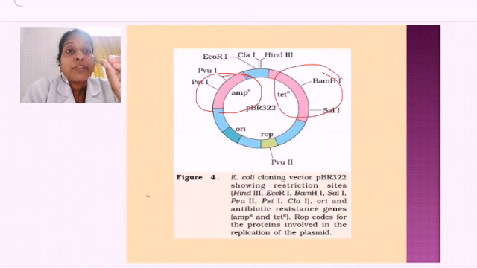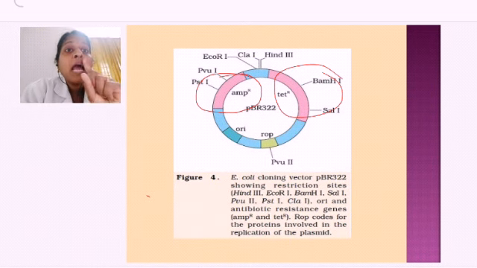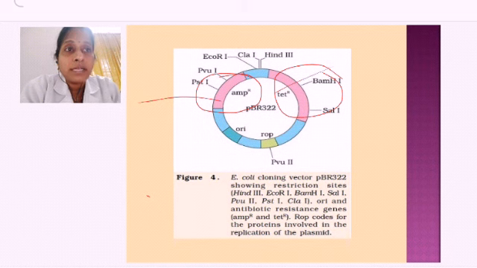So when I am introducing my foreign DNA in this normal plasmid of E. coli, which is having both ampicillin resistant and tetracycline resistant, I will select one of the markers as a cloning site. So one of the markers is what? Either ampicillin or tetracycline.